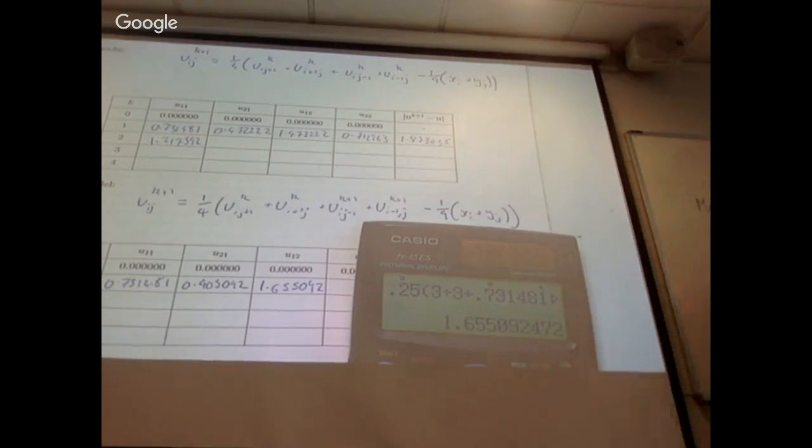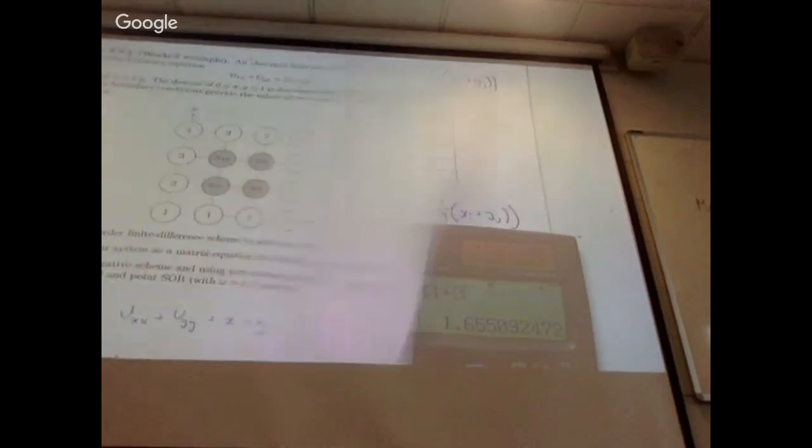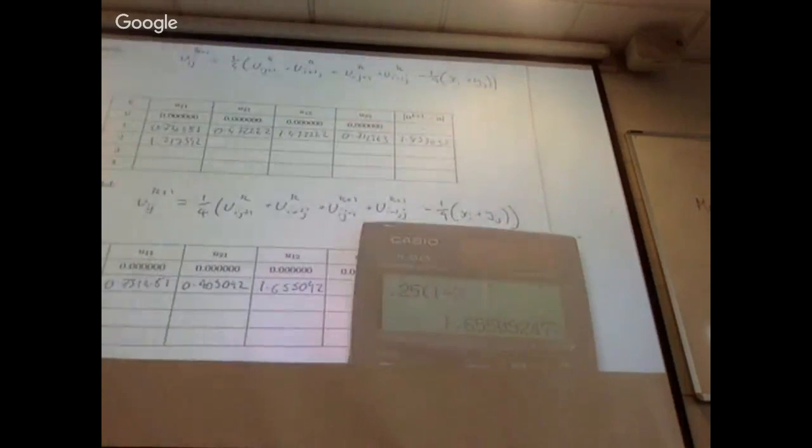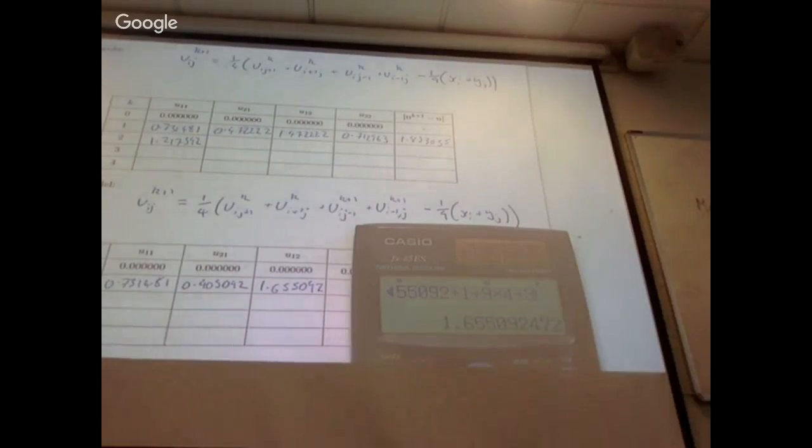Now U22 would be 0.25 plus the boundary nodes of 1 and 2. U21 and U12 have already been calculated here, so I'm using the new values, 0.405092 and 1.655092, plus 1/9 times 4/3, because the x-coordinate is 2/3, the y-coordinate is 2/3, add them together, it's 4/3.